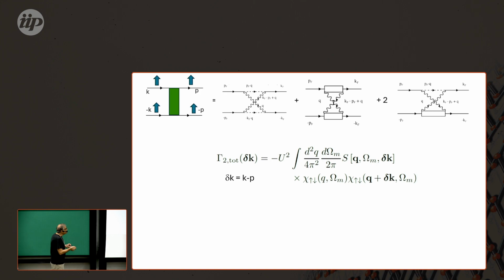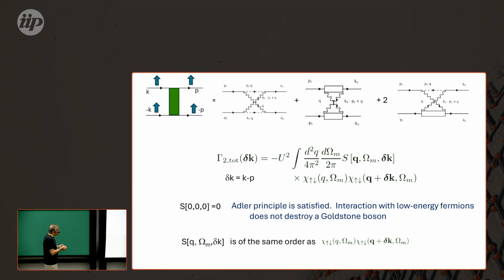And this effective interaction is still convolution of 2 bosonic propagators, but with some extra factor. And here is a simple result. When all momenta are 0, transferred momentum is also 0, it goes to 0. So these 4 diagrams cancel out between each other. And this is Adler principle.